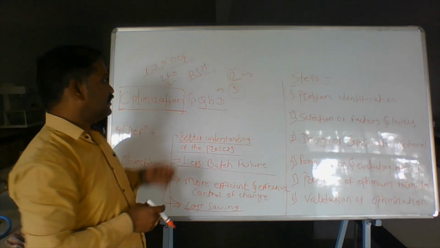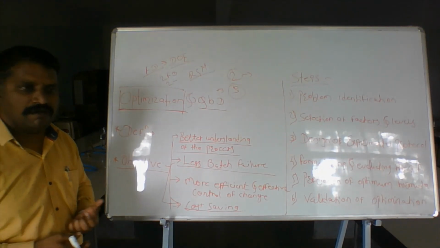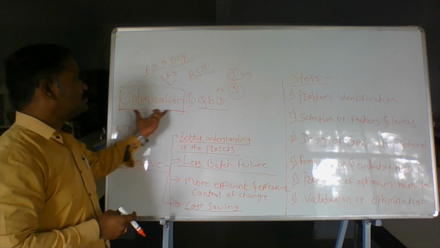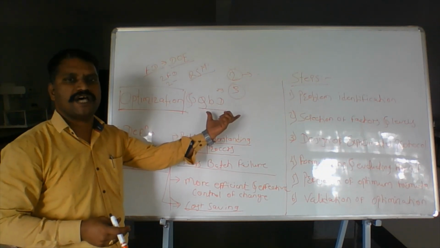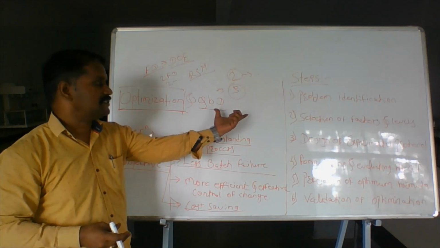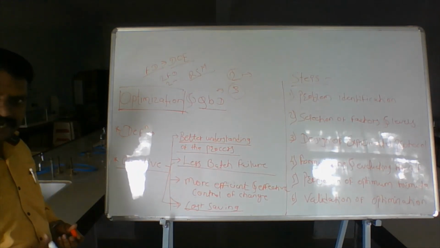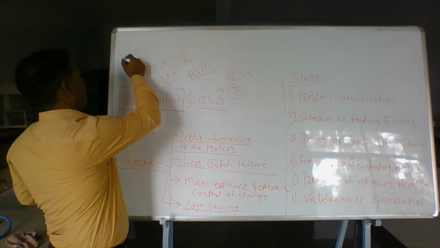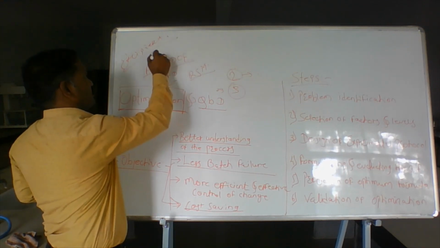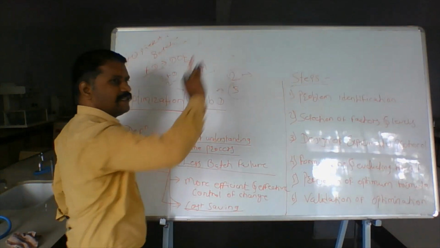When we compare this optimization technique with the conventional method, without using optimization or quality by design while formulating a dosage form or drug delivery system, we take some excipients and start n number of batches: 1, 2, 3, 10, 20, 30, 40.